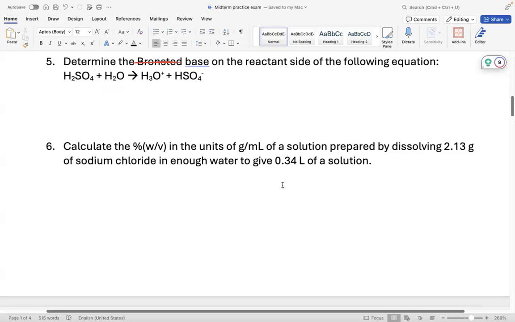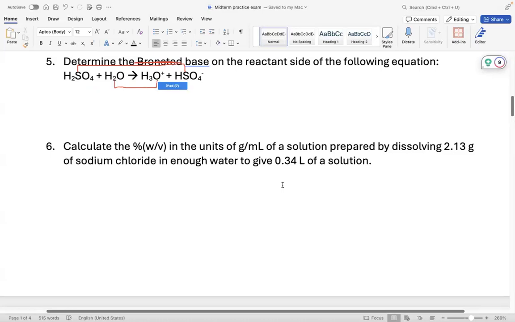So I start these problems by trying to figure out what their pair is. So it looks like H2SO4 becomes HSO4 minus, H2O becomes H3O+.